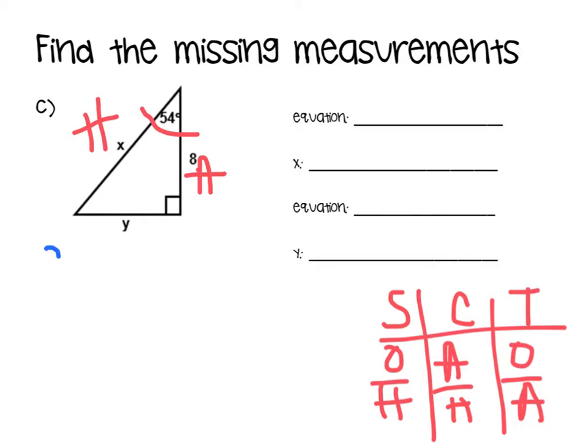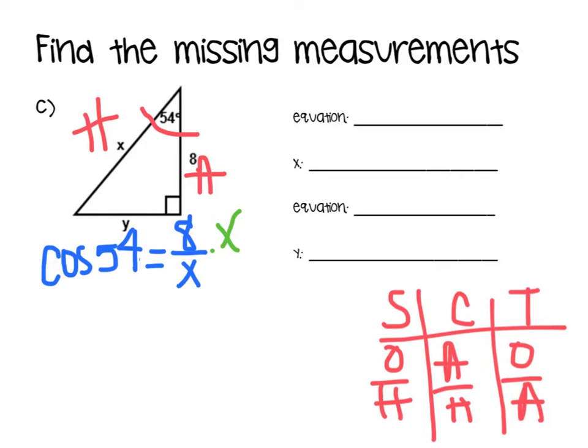So I know that the cosine of 54 degrees is equal to my adjacent, which is 8, over my hypotenuse, which is x. There's a trick that I'll show you in just a second, but let's go ahead and work this out mathematically.